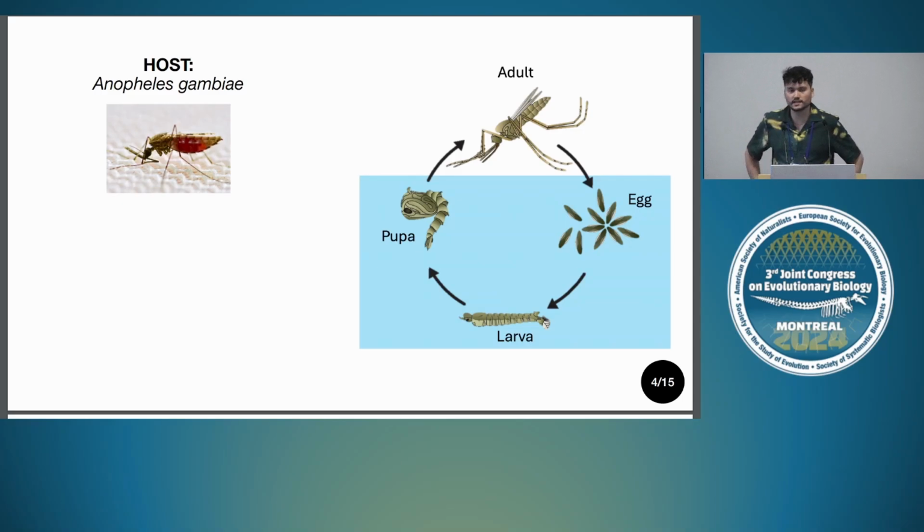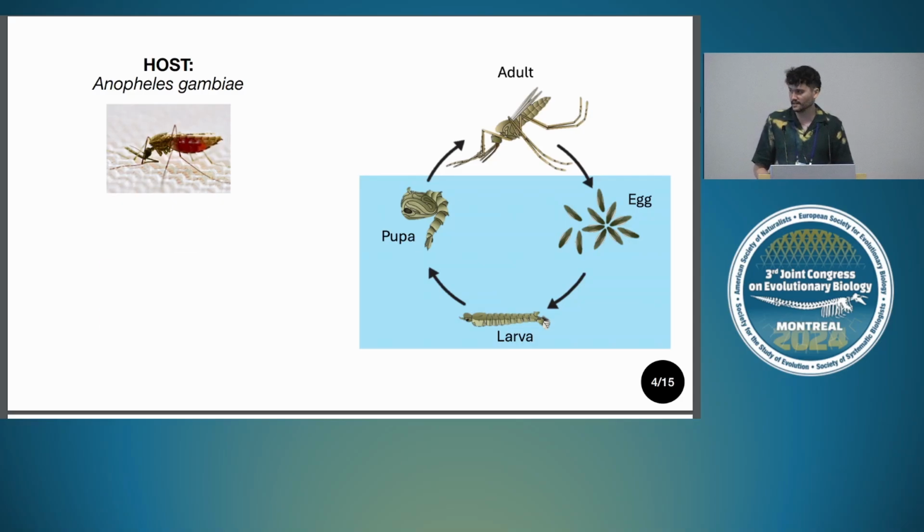The adult lays eggs in the water, the eggs hatch into larvae, the larvae develop in the water where they eat bacteria and plankton, and then develop into a pupa that emerges as an adult. Then the adult flies away.